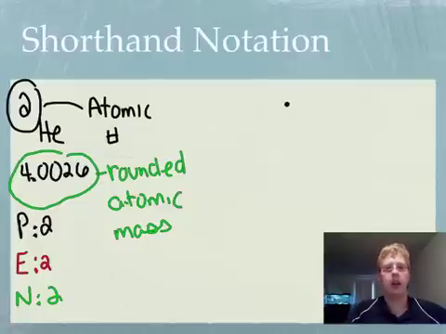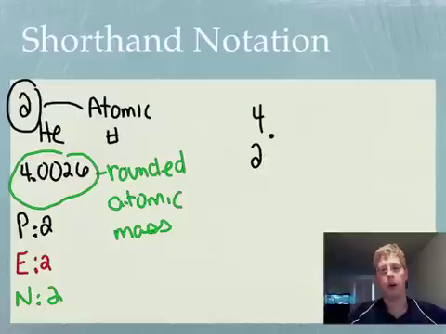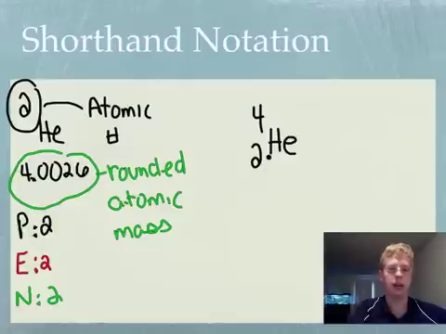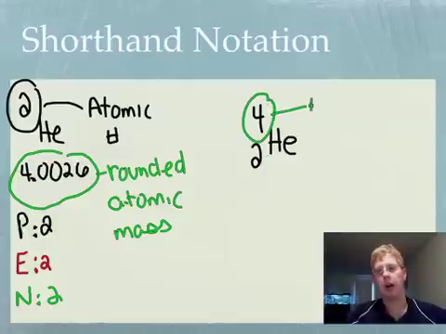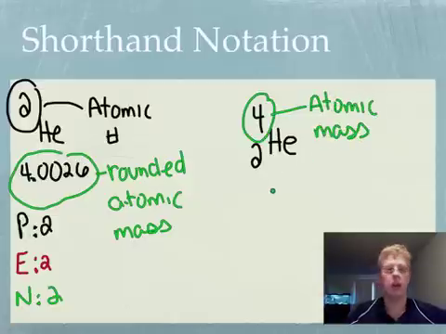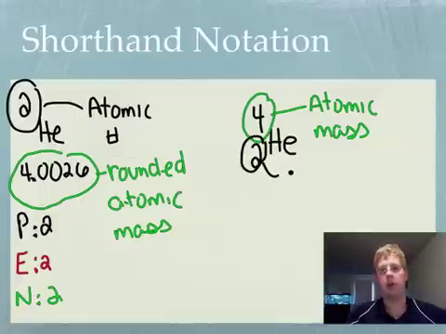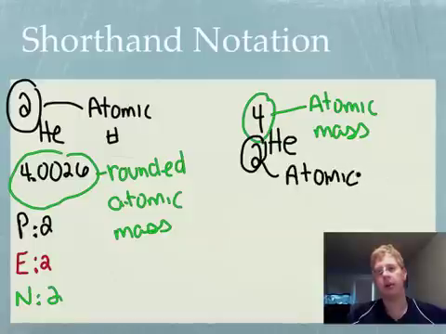For shorthand notation, we're going to use helium as an example here again, but instead of our atomic mass being on bottom, we now have our atomic mass up top in the upper left-hand corner. Our number of protons and electrons, or the atomic number, will be in the lower left-hand corner now.